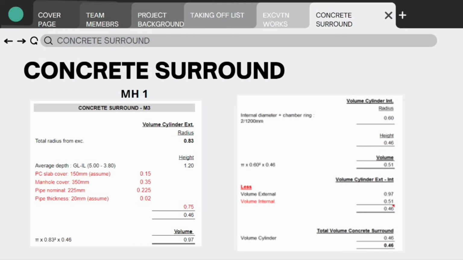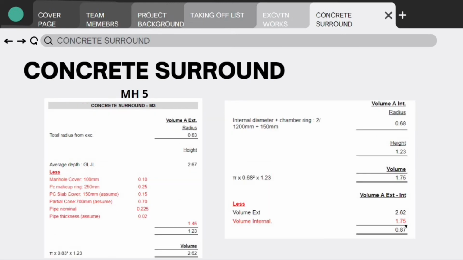The volume of cylinder external deduct internal, 0.97 minus 0.51, we will get 0.46. Total volume for concrete surround of MH1 is 0.46.